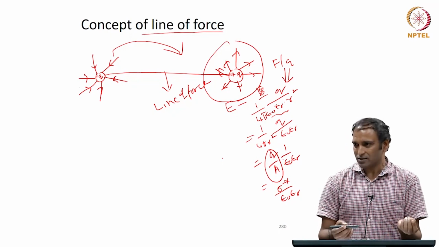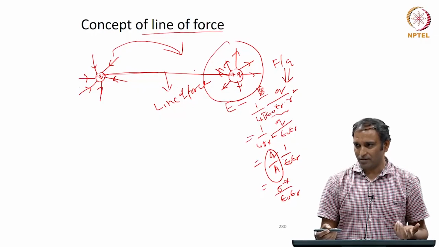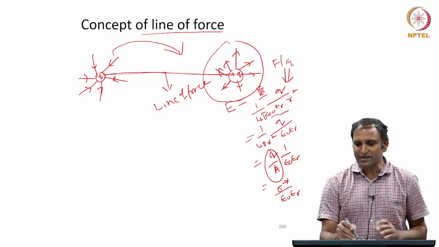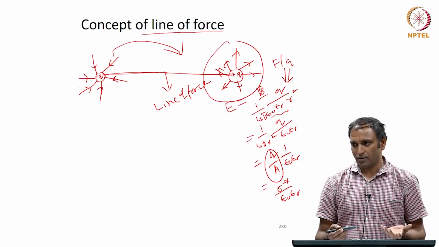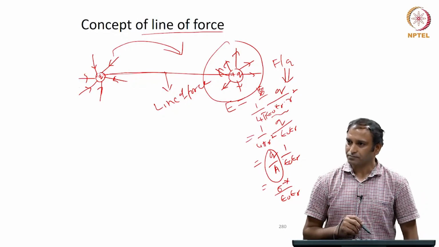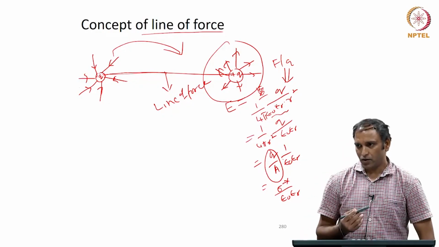If I take a point charge, it is going to act along some line, and this line is what we are talking about. So lines of force are for some charge and a field line is for a unit charge.